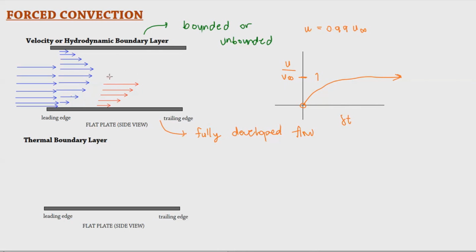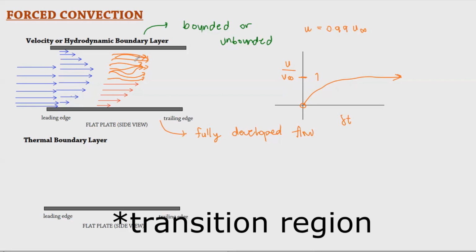It goes something like this. The second layer would be something like that. It curved a little, and then this one also curved a little, and then this one did something like this. The free stream goes like this, and as we move towards this trailing edge, you can see that the layers of this fluid start to mix up. When the layers of this fluid start to mix up, we call this the turbulent region.